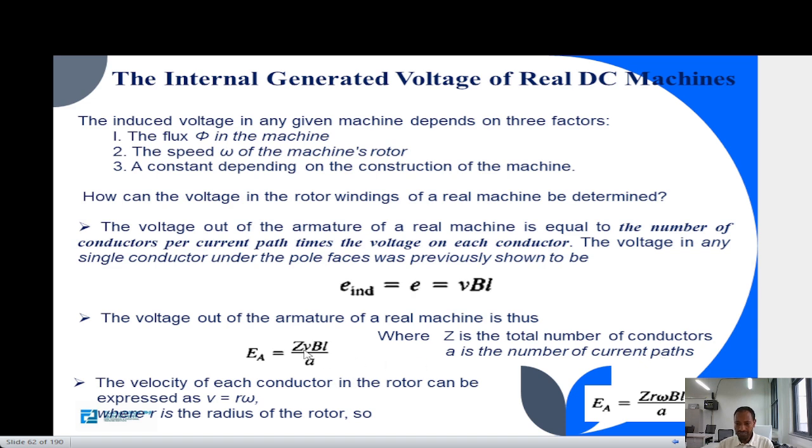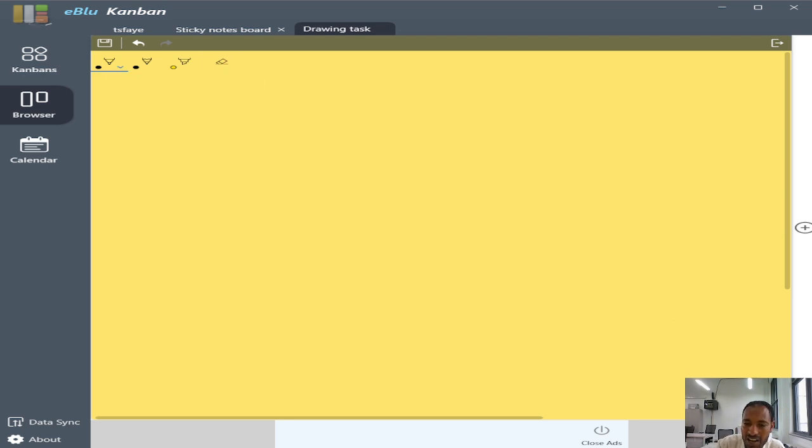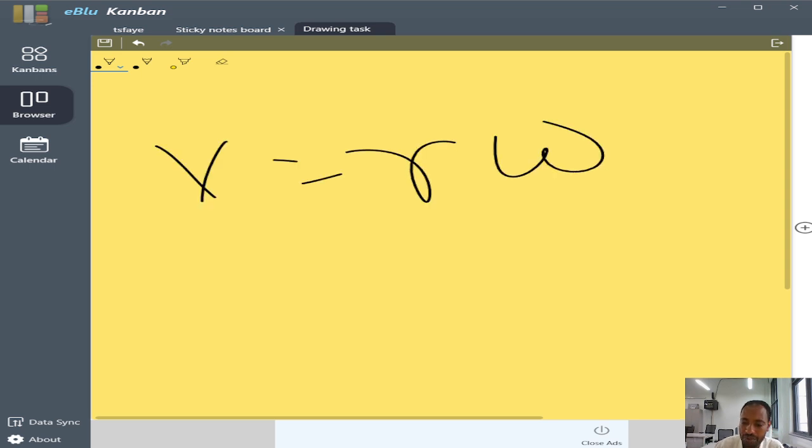And what is V? Velocity, the velocity of our moving conductor. The velocity can be defined, in our machine, as V equals R omega.